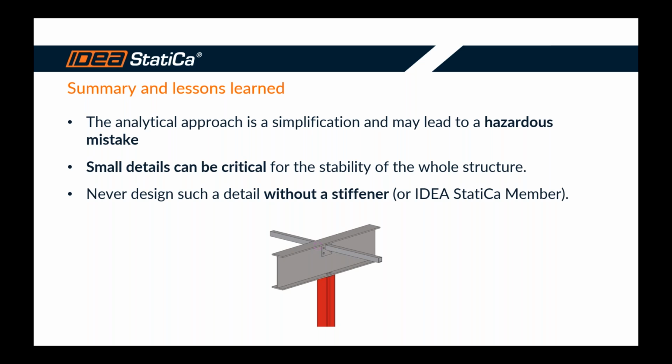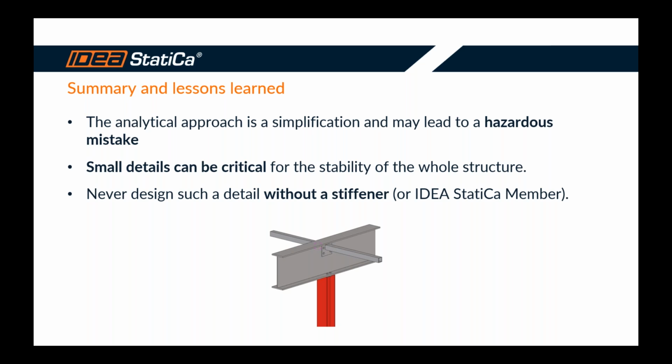Another lesson learned is that small details like one stiffener in the structure can be critical. One stiffener in one beam can be a critical thing for the whole structure, or at least a segment of it, right? So that, for me at least, was a very good lesson to learn.